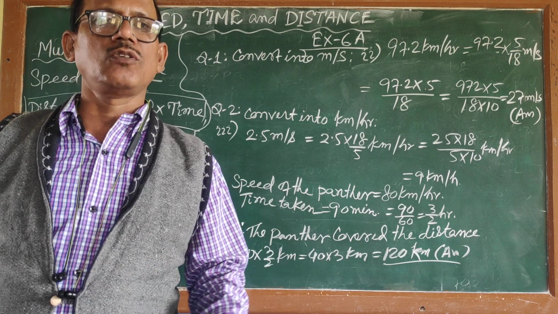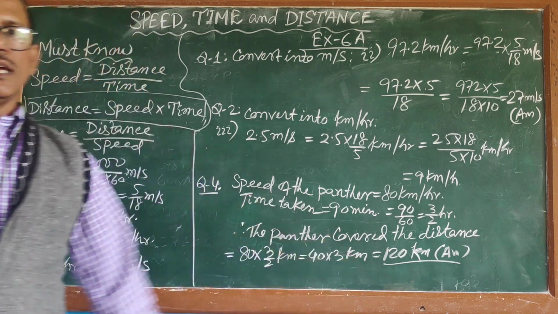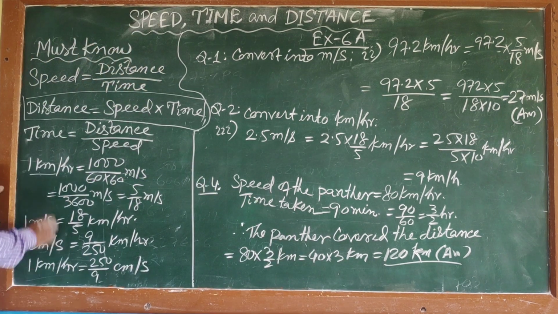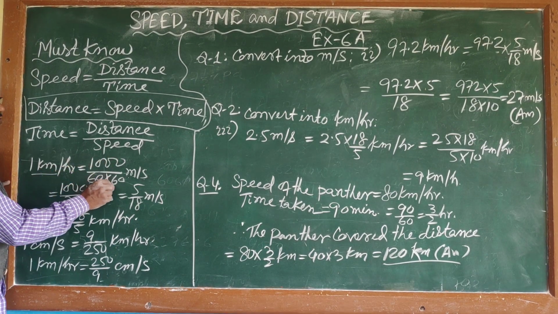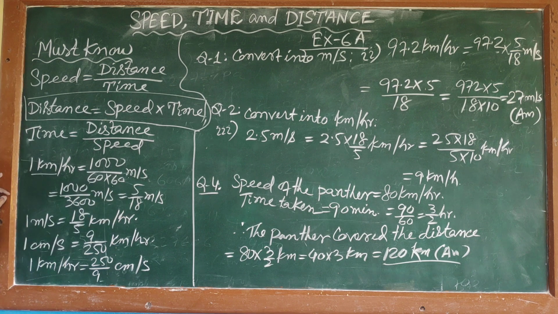Therefore, 1 hour is equal to 60 into 60 seconds, that is 3600 seconds. That is why 1 kilometer per hour will become 1000 divided by 60 into 60 meter per second. So if you just simplify this, it will become 1000 divided by 3600.